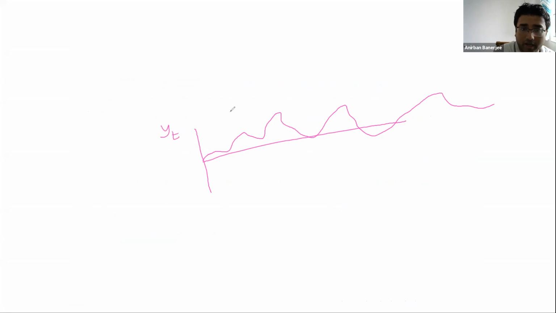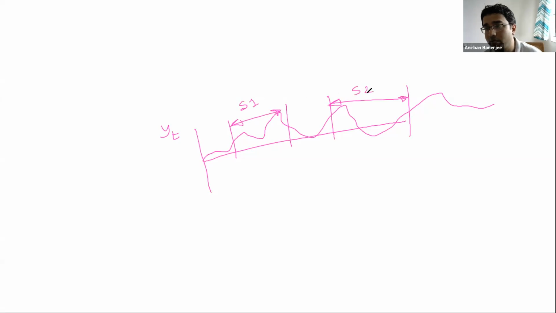Now I am working with this data. You got another sample, which was this data. So this is sample 1 and this is sample 2. Mind you, both of these are for the same security. We want to know if this is stationary or not. How do you make that conjecture?